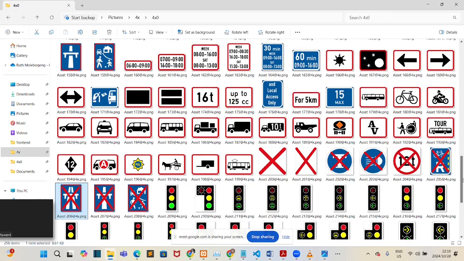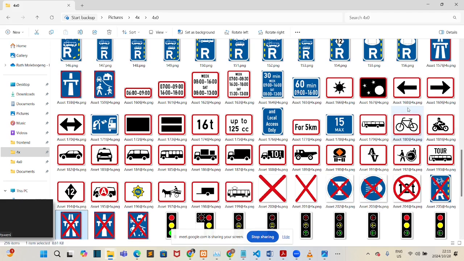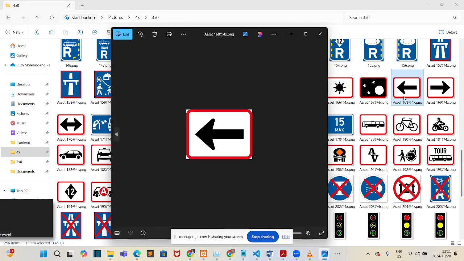So you are given this sign, right? Where would you find this road sign? A, at a one-way road. B, at the off-ramp from a freeway.